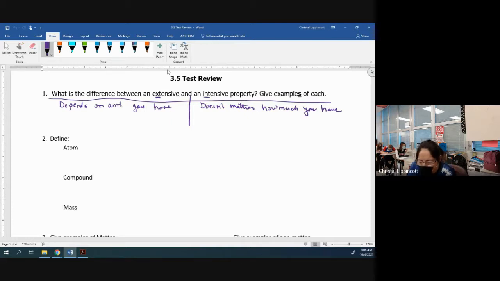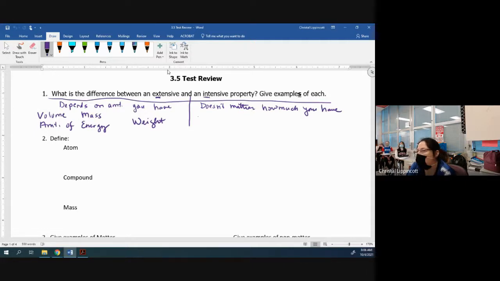Extensive, you could have like volume, mass, amount of energy, weight would be another one here. So those are all examples here.